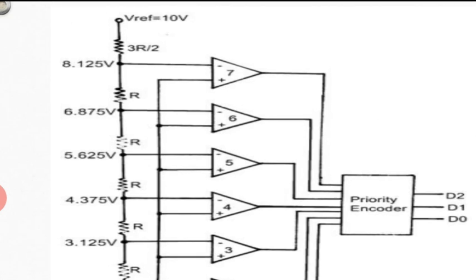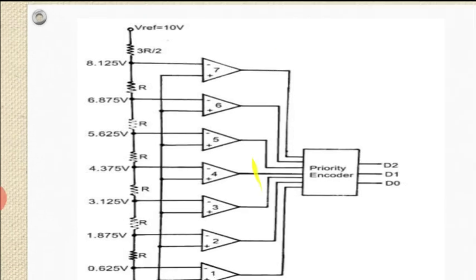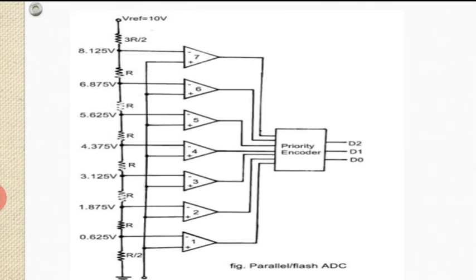Each comparator produces digital output in the form of 1 or 0. If the unknown analog voltage is greater than the reference voltage, the comparator produces high logic. If the analog voltage is less than the reference voltage, the comparator produces low logic, which is 0.